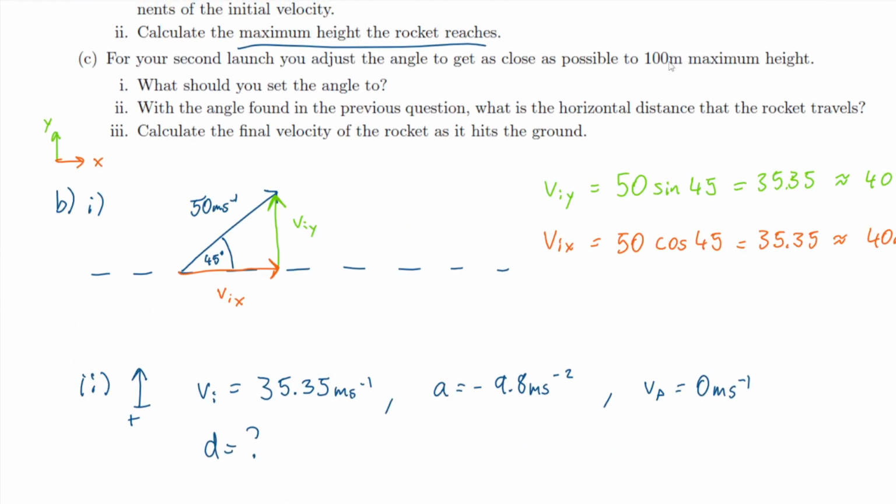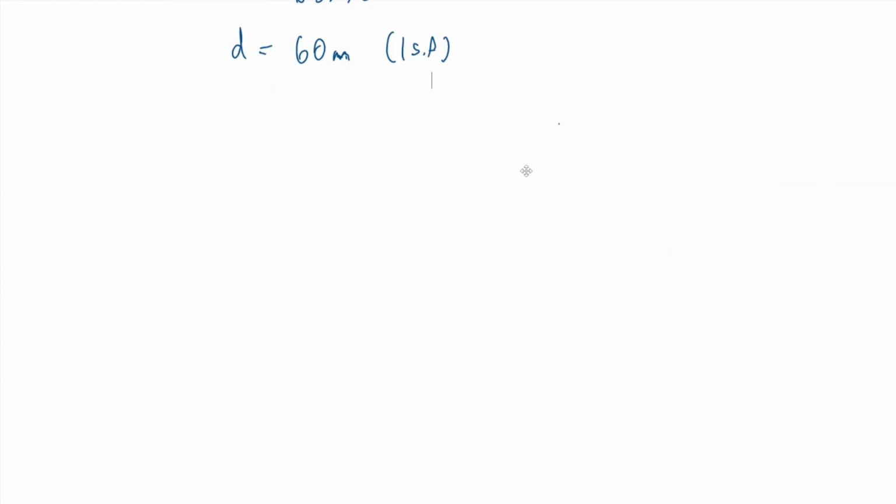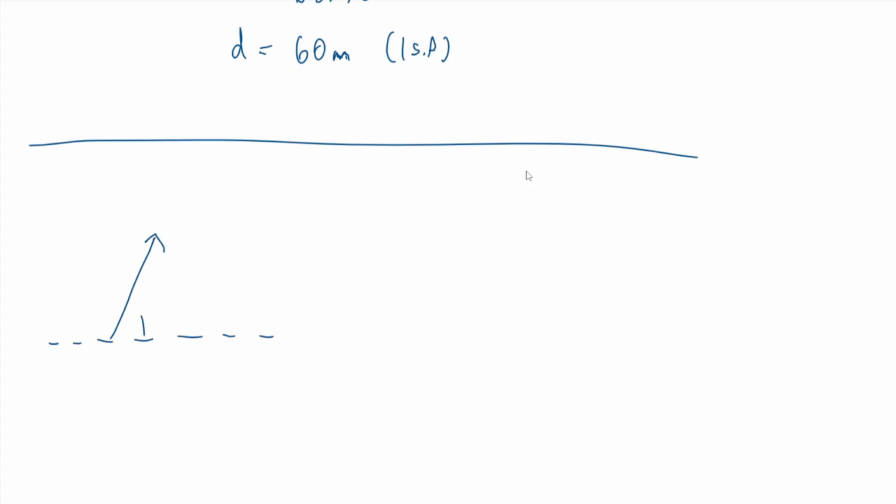Cool. So let's have a think. So let's sketch a diagram. We know it's going to be a greater angle. We can label that as theta. We know the initial speed is 50 meters per second, and we are interested in the vertical component.